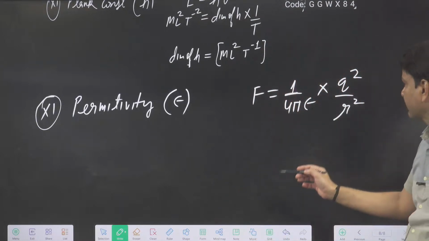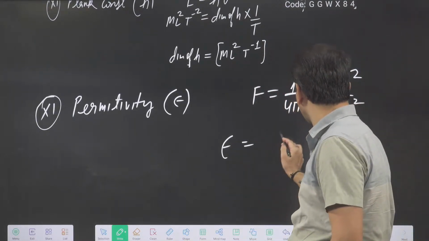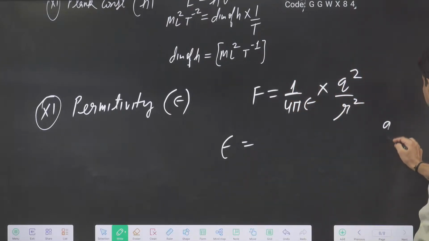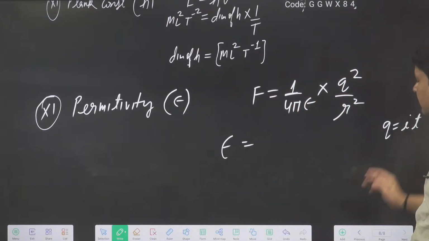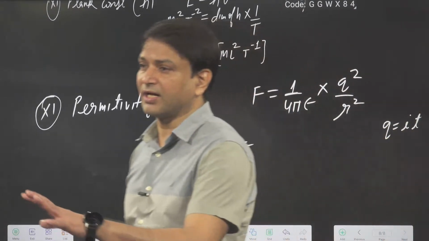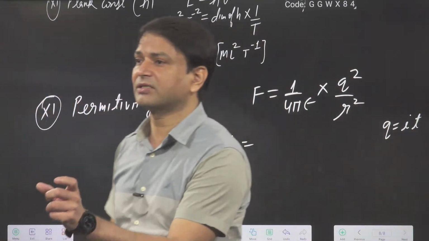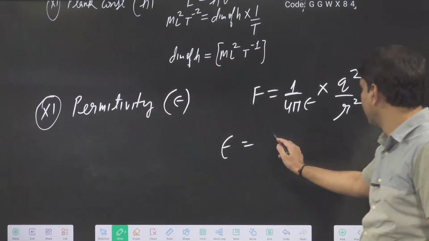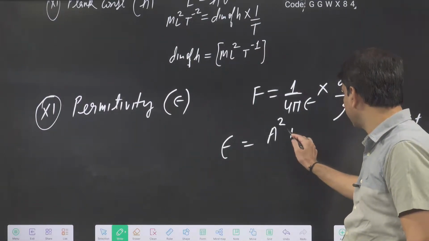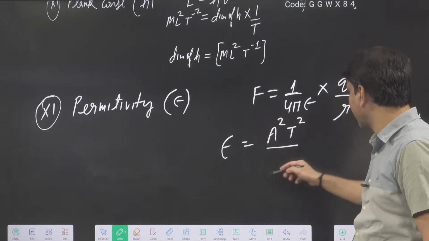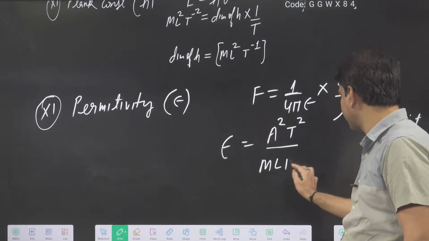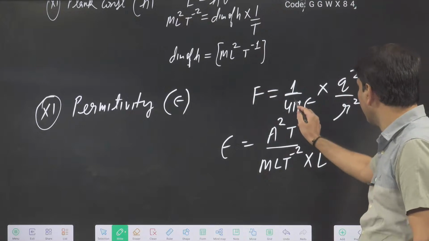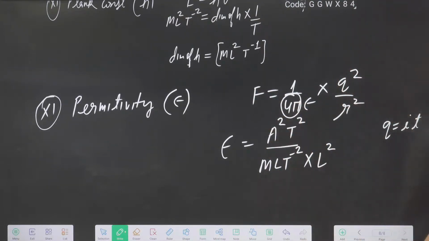So if I need the epsilon, what I will get? Q square. Q is what? Charge. Charge is what? Q formula we know. Q is equal to IT. Q is not fundamental, so we are taking the current as a fundamental. So charge I can write as I into T. I is the fundamental, T is the fundamental. Then Q, what you got? A square T square. Force came down. So force dimension is what? MLT minus 2. Okay. And r square dimension is what? L square. 4 pi is the constant. It does not have dimension.